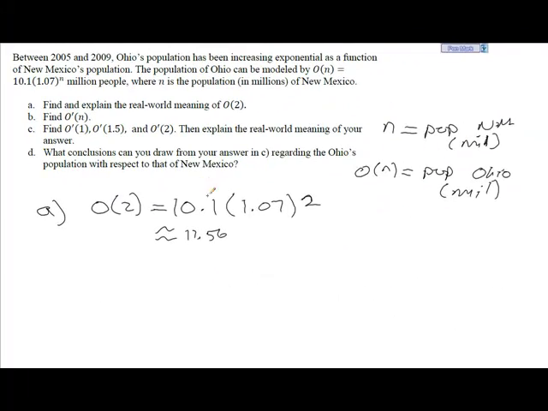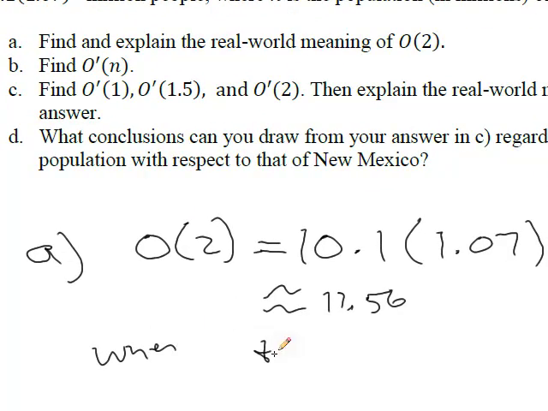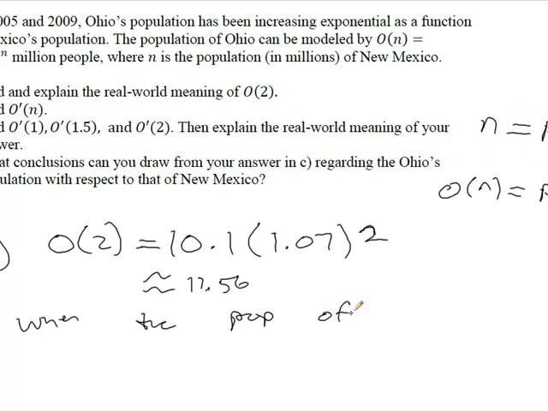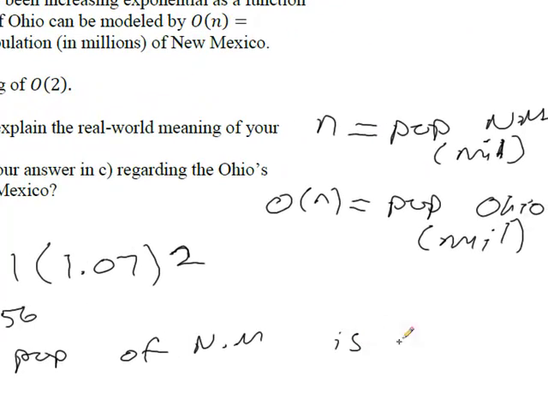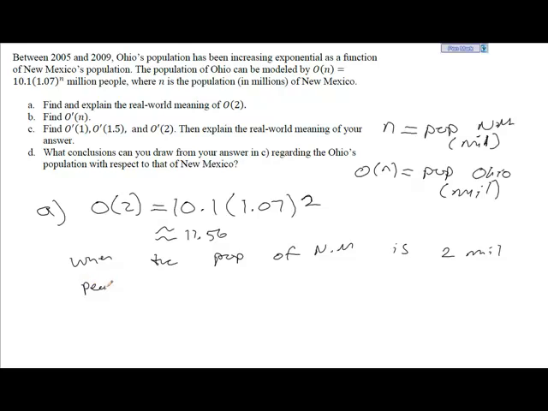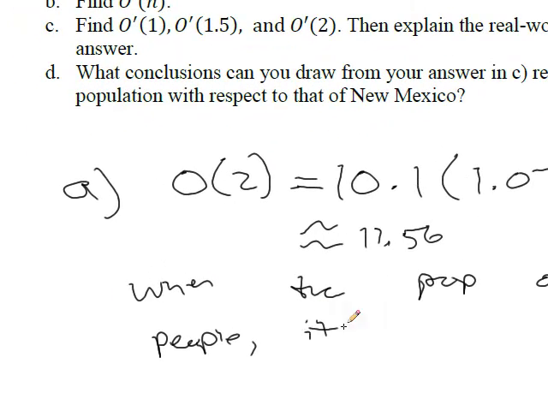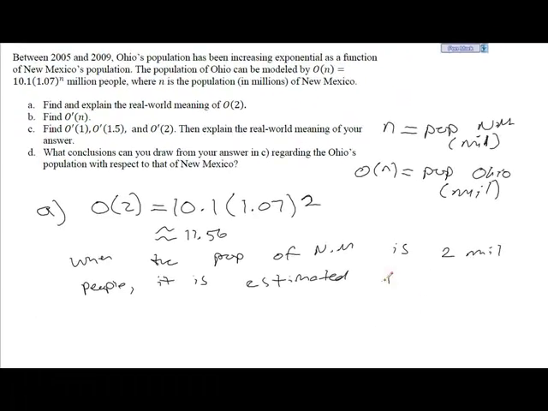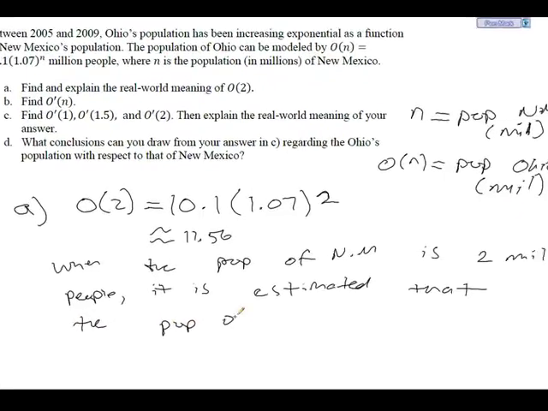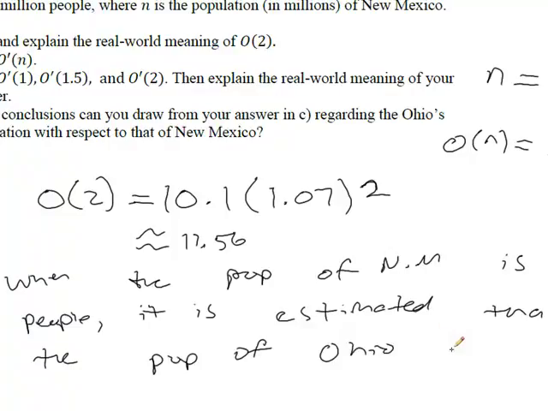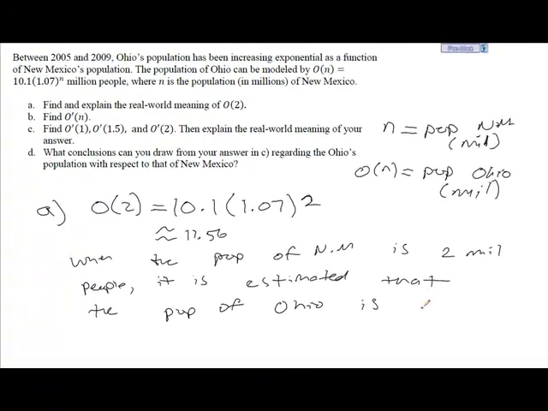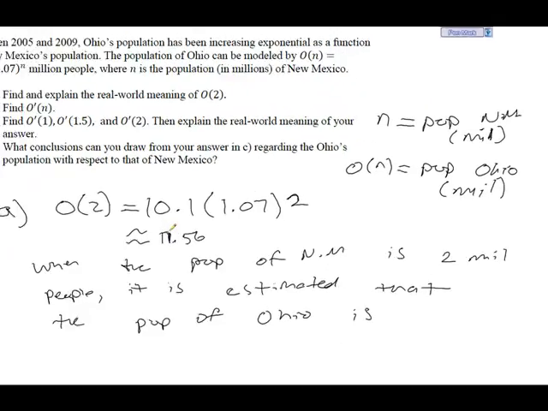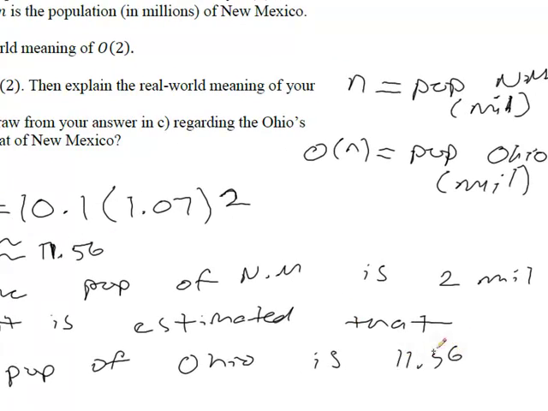Now what does this mean? Well, N is the population of New Mexico. So when the population of New Mexico is 2 million people, it is estimated, because remember this is just an estimate, that the population of Ohio is 11.56 million.